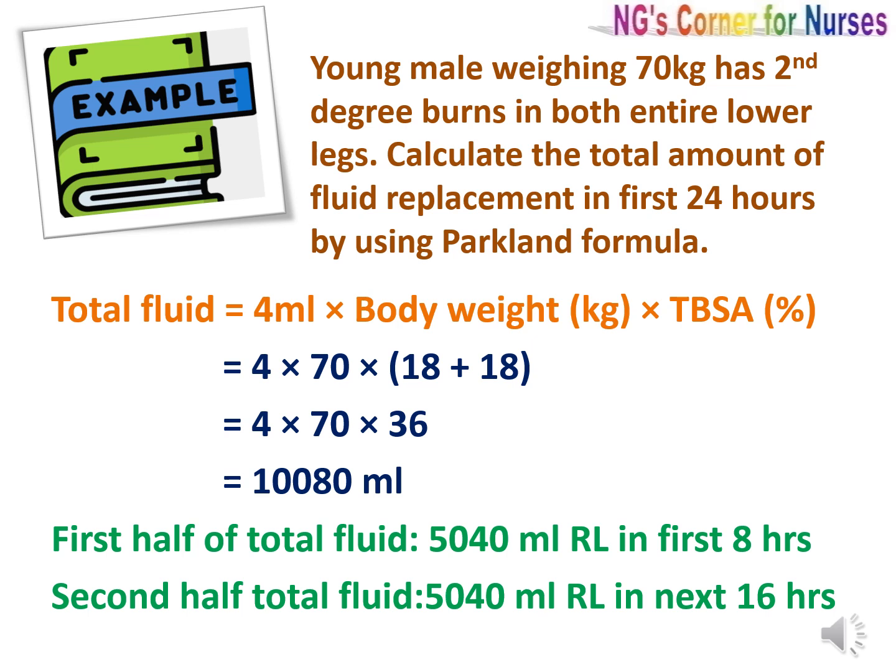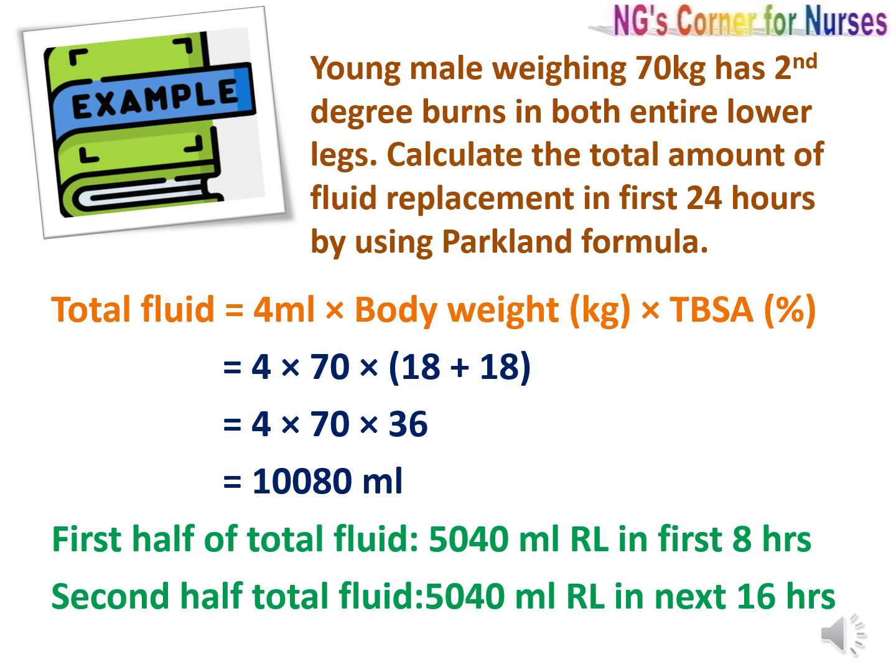So here the total body surface area percentage is 36%, that is 18% plus 18% equals 36%. So 4 times 70 times 36 equals 10,080 ml. That is the total amount of crystalloid fluid that should be administered in the first 24 hours.